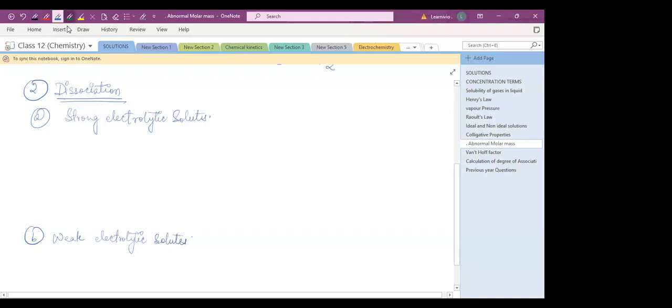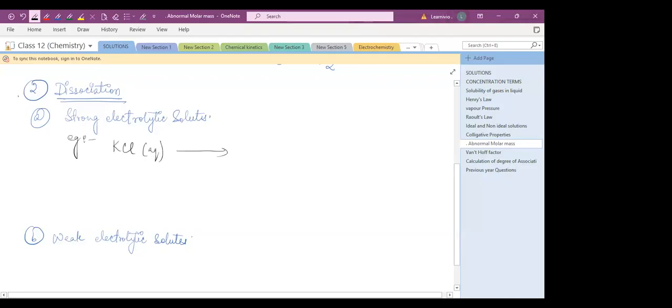Okay, so let's see one by one. First one, in the case of a strong electrolytic solute, the number of particles of the solute in the solution is an exact multiple of the number of ions which is present in 1 mole of solute. For example, KCl in aqueous phase.